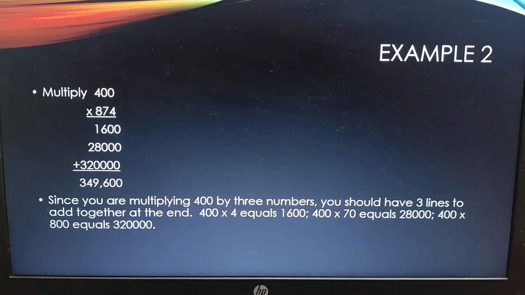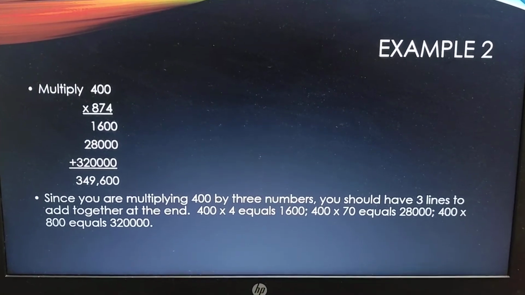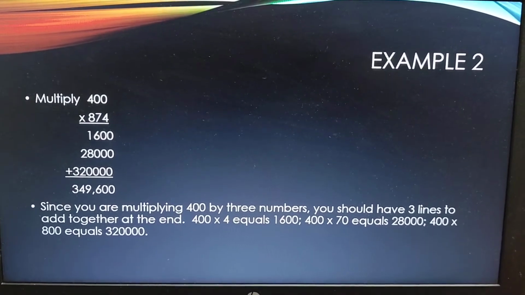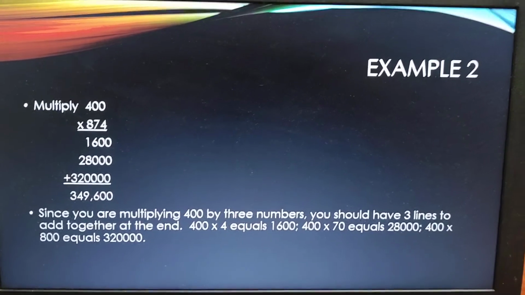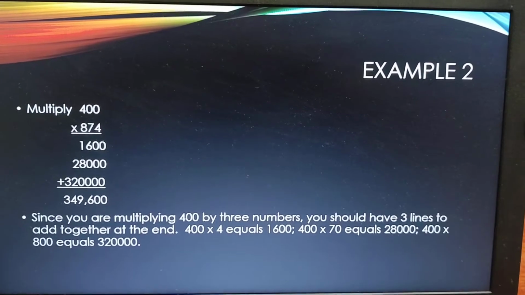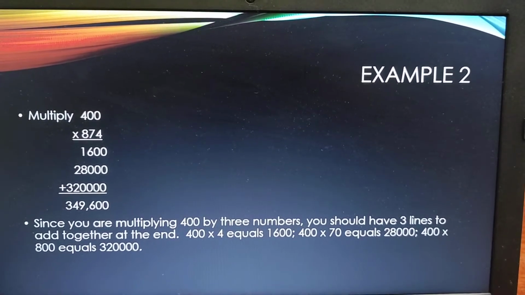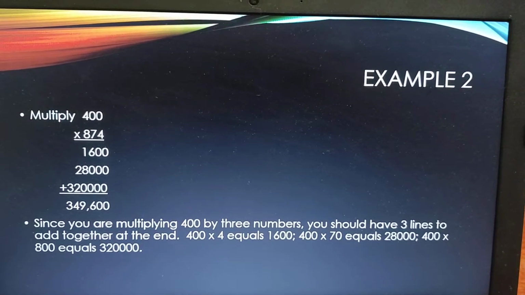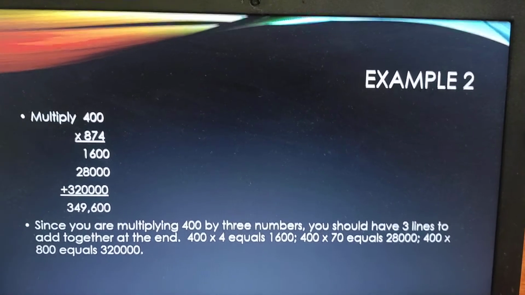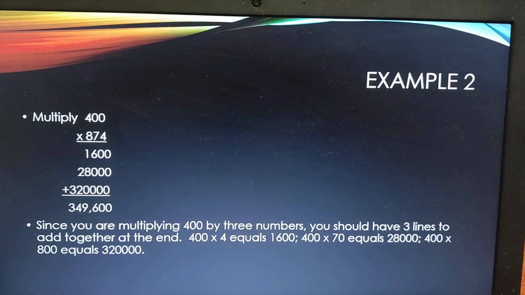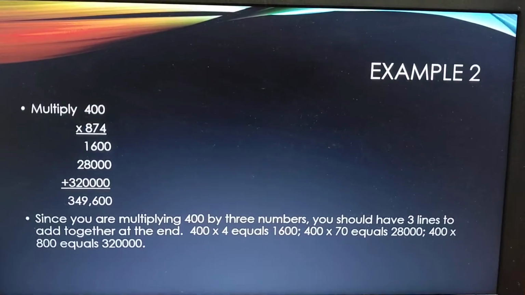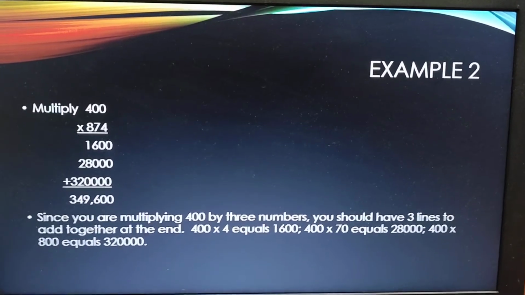So I'm multiplying 400 by 4. That equals 1600. Next, I need to multiply 400 times 70. That's 28,000. And lastly, I need to multiply 400 by 800. That equals 320,000. Now that I'm done multiplying, I need to add the 3 lines together.